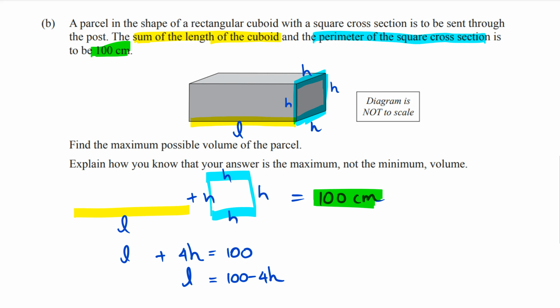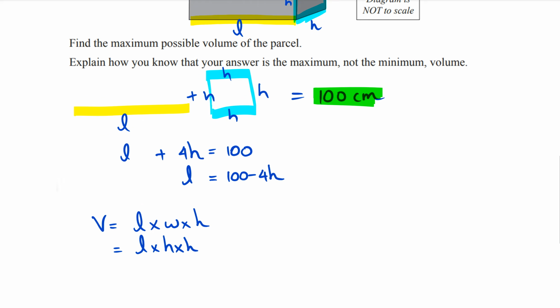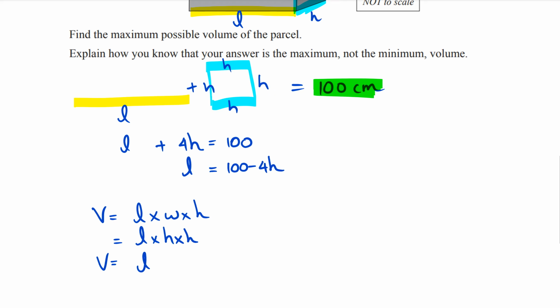Now we want to try and find the maximum volume of this parcel. The volume of a cuboid is equal to the base, which is length times width times height. In this case, the width is the same thing as the height, so volume is equal to L times h squared.